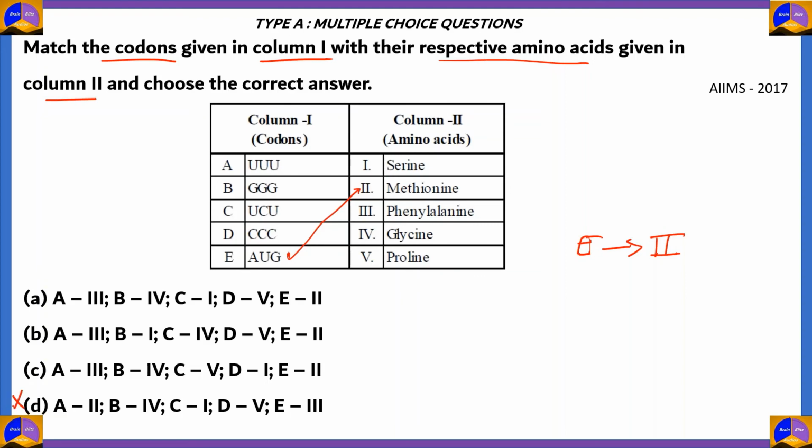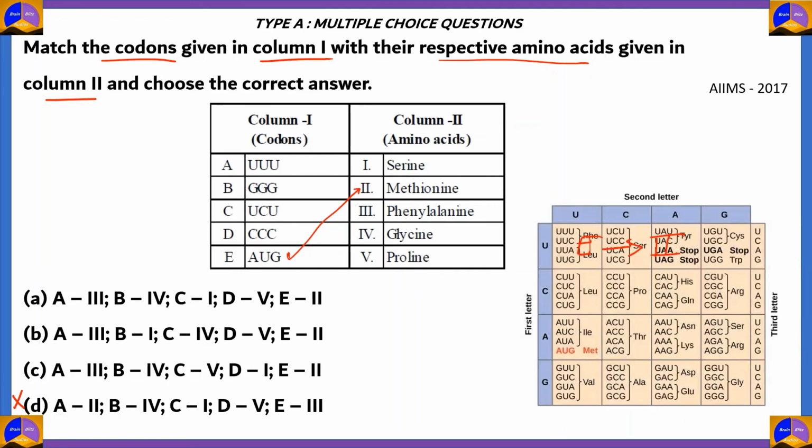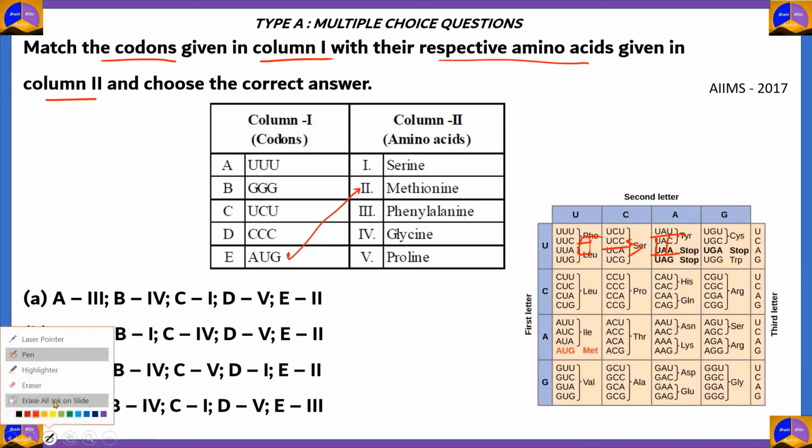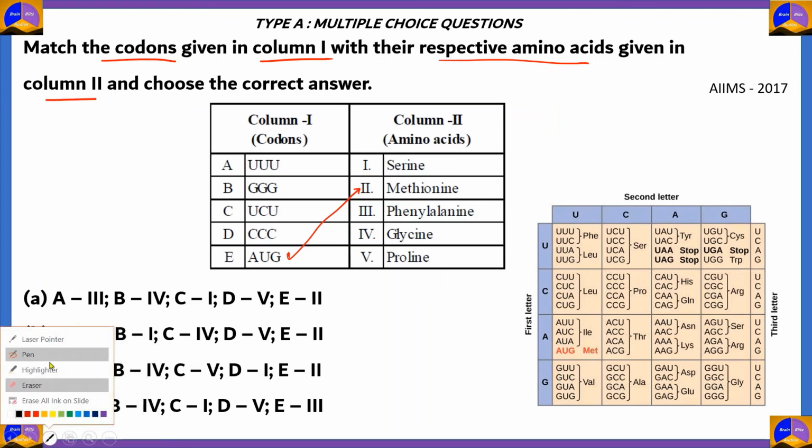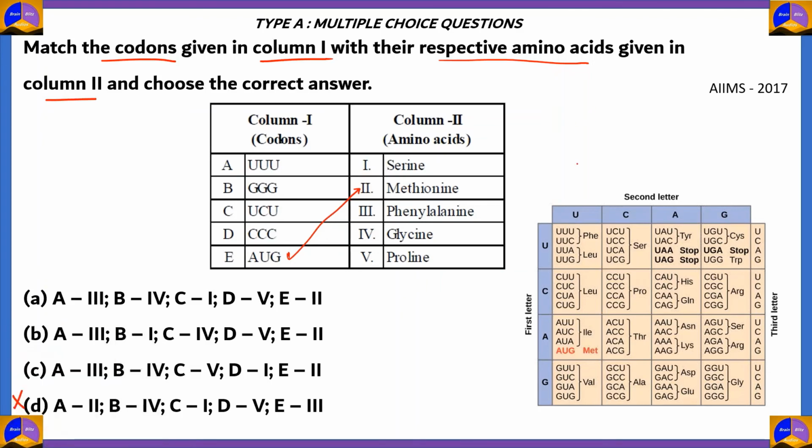So how do we proceed further? Let's show you that graph that I just did. This table shows you all the 64 codons and their connections with the 20 amino acids.